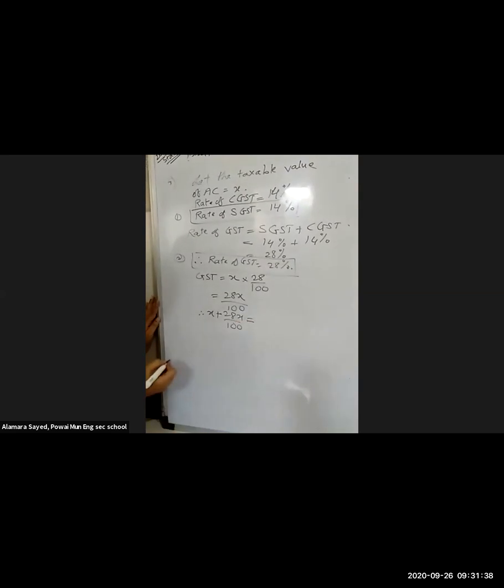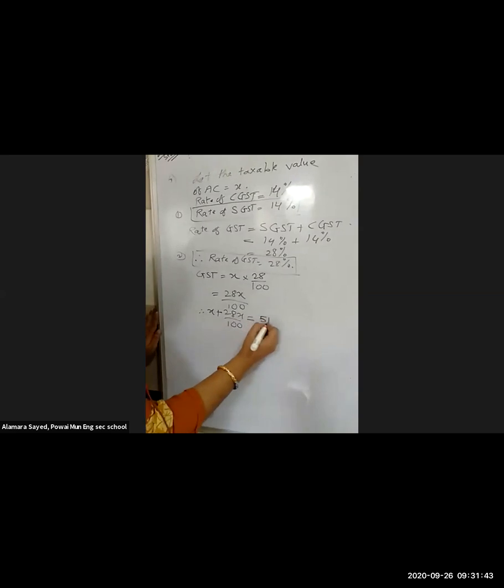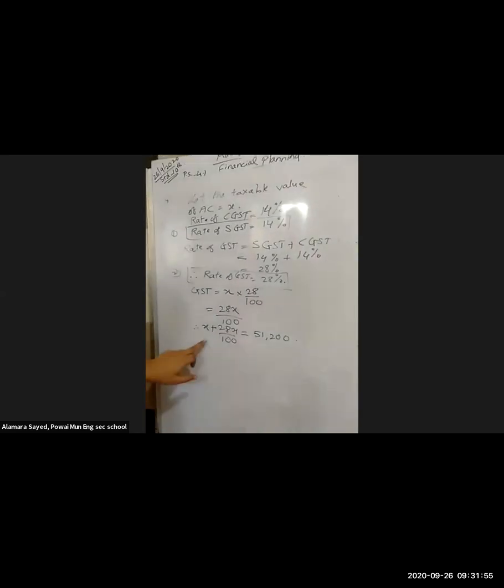Therefore, x plus 28x upon 100 is equal to 51,200. As we know, the cost of the AC supplied is rupees 51,200, that is with GST. As we want to remove this 100 from the denominator, we will multiply both the sides by 100.